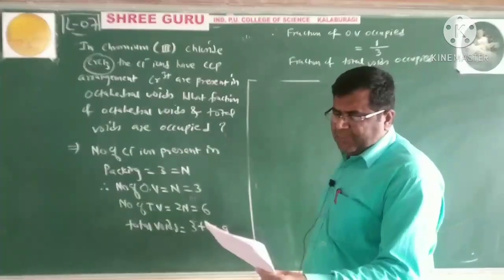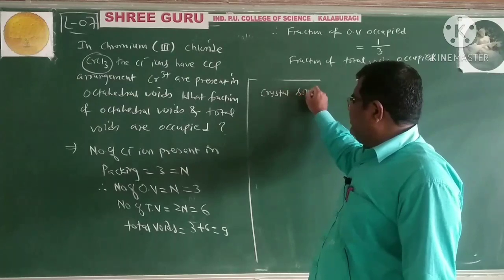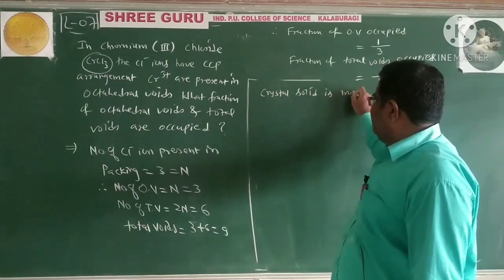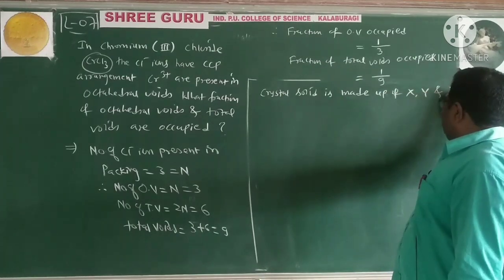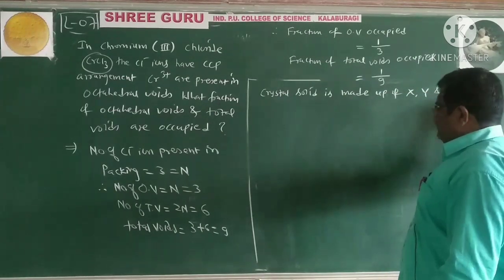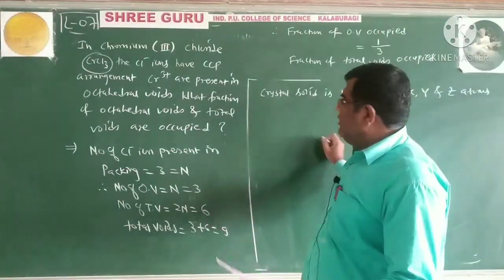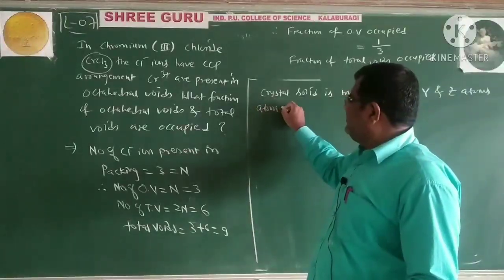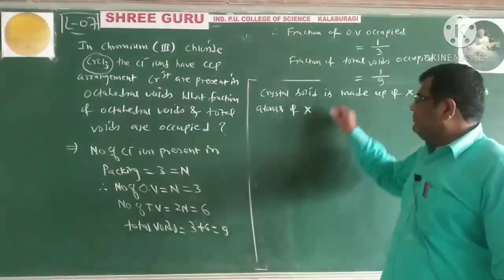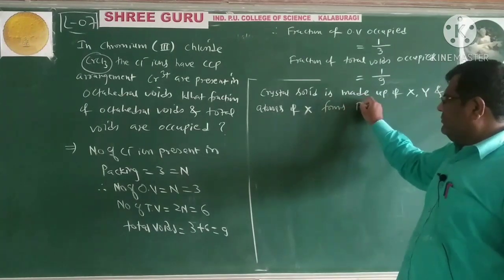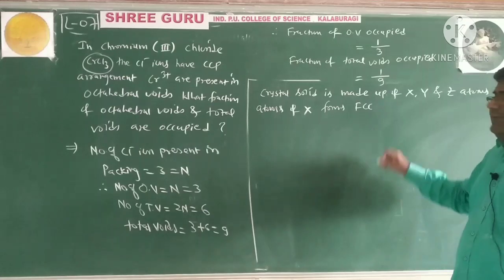A crystalline solid is made up of X, Y and Z atoms. Atoms of X form FCC packing.